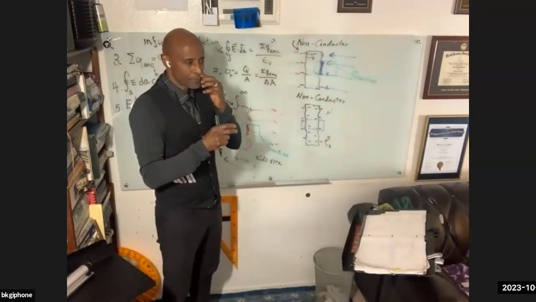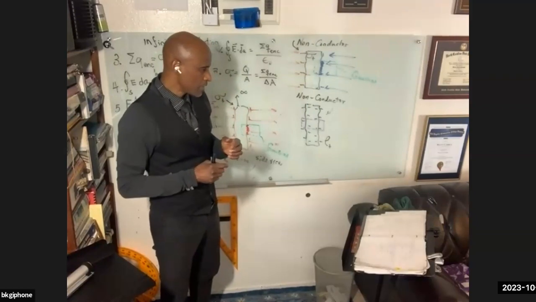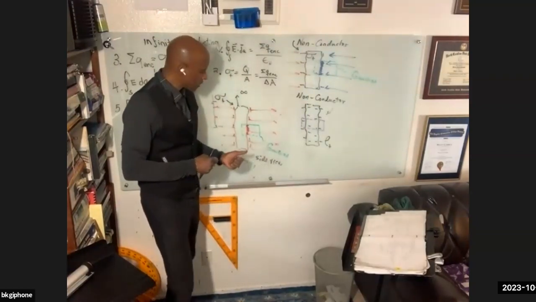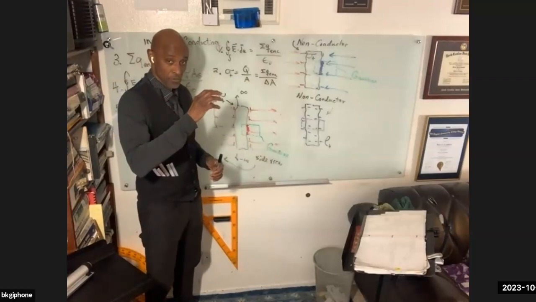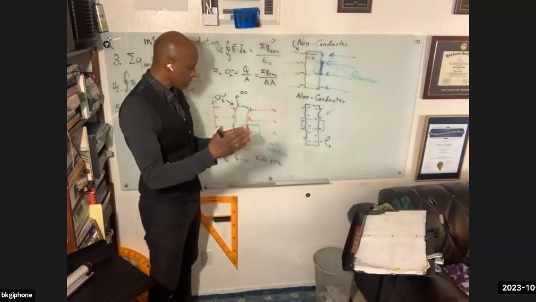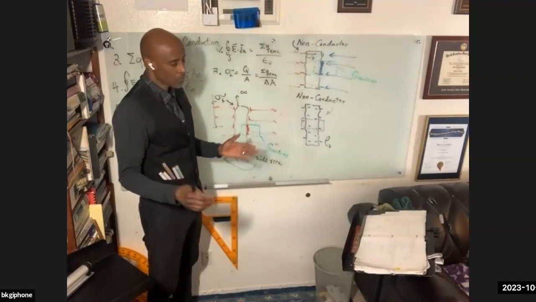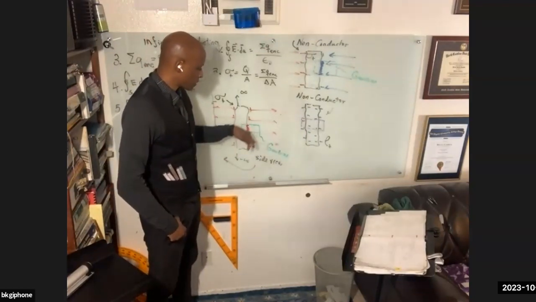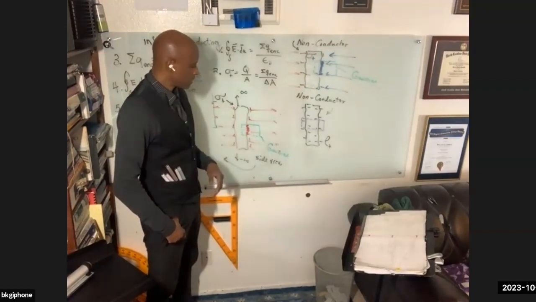So the amount of the Gaussian that cuts through the surface of my charge distribution is a little circle. But the circle is the same cross-section area as the top and back of the pillbox, the flux through that surface, right? It's a circle.